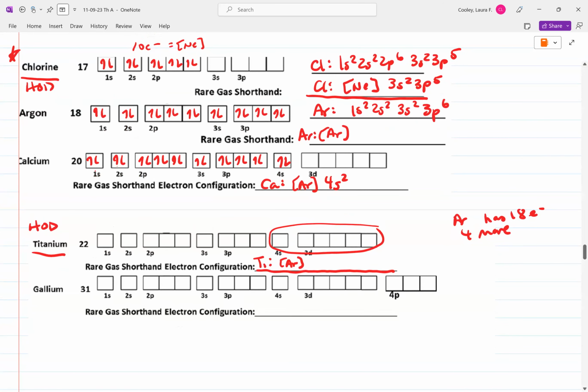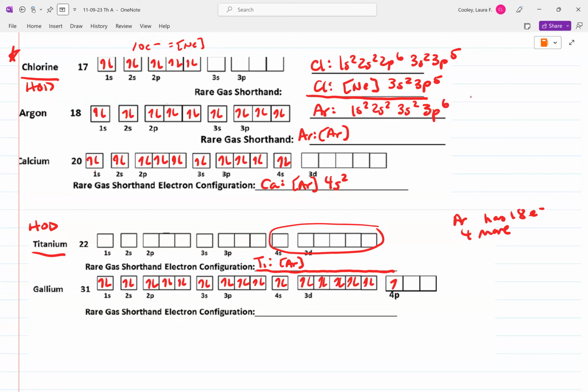Gallium. Now this is an interesting one because it's got a huge number, 31. So you'd start filling 1, 2, 3, and so on up to 31.